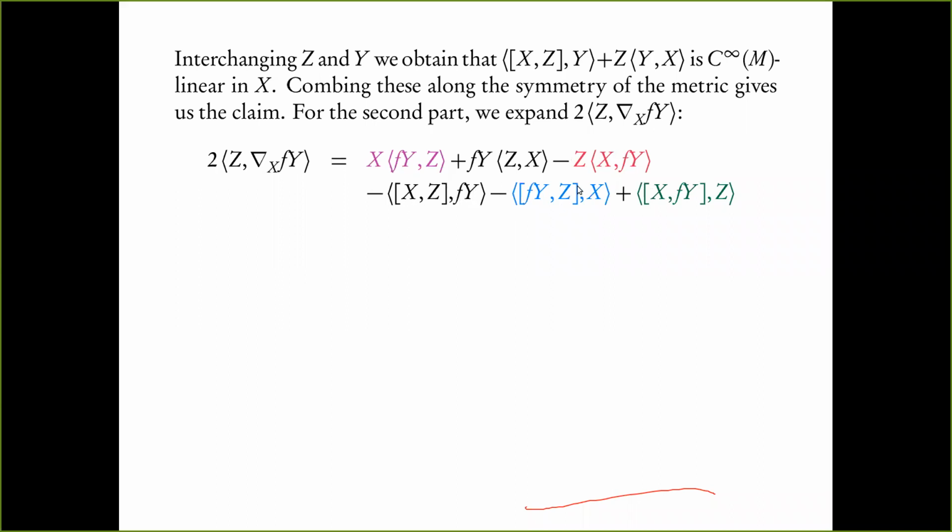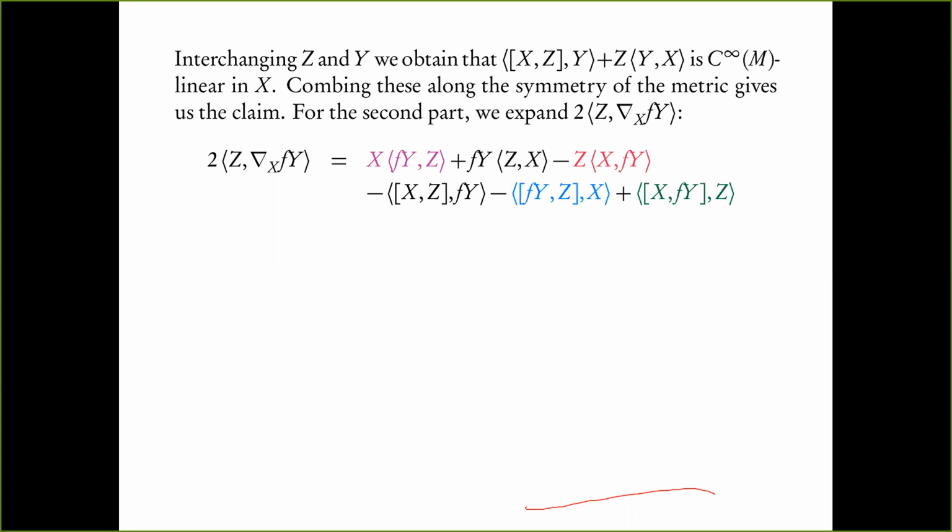I have color coded these terms in the following way simply because these two terms, color coded black, are already terms where the f comes out, correct? This is what we saw in the x variable. The other four terms are not terms where the f comes out naturally. So the question is, how would those things expand?